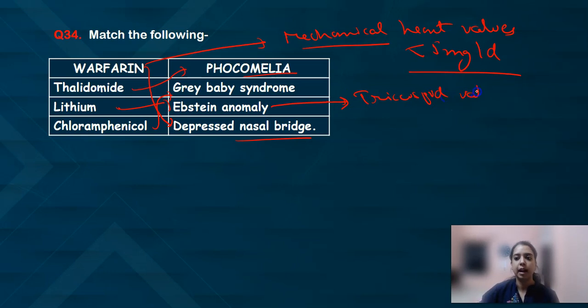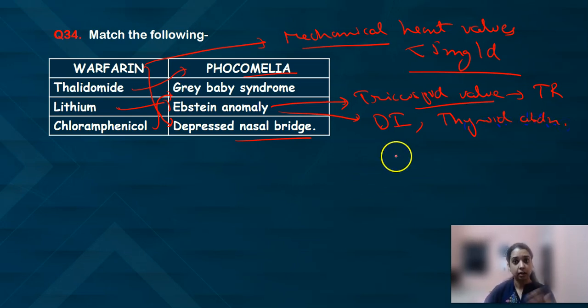As a result, there is severe tricuspid regurgitation. So it is not given in early pregnancy. Even when given in late pregnancy, lithium will not cause Ebstein anomaly. If it is given near term, it can lead to diabetes insipidus and thyroid abnormalities. So it is again not given near term also.